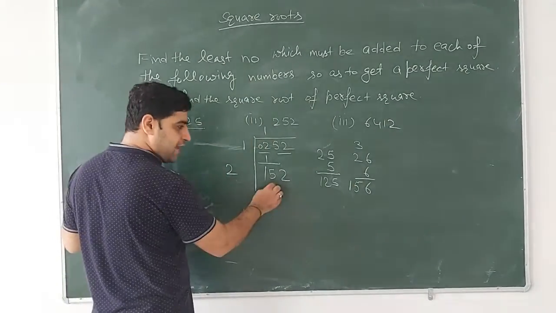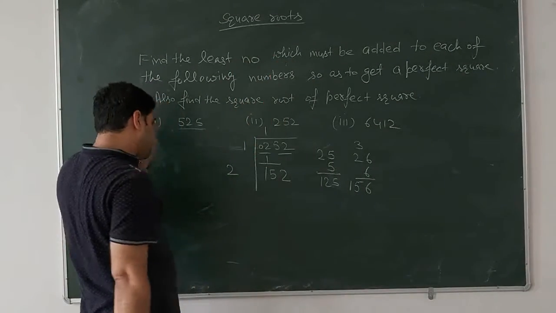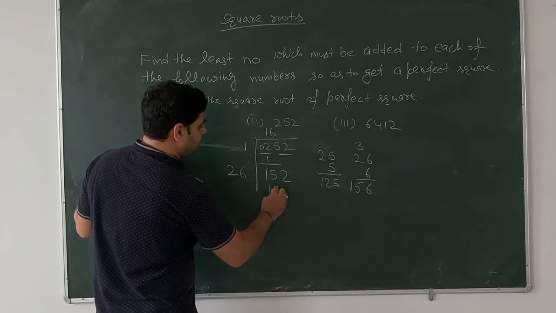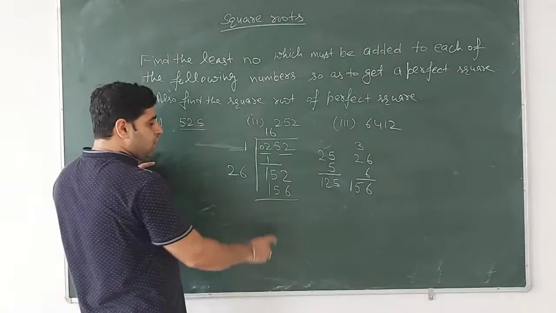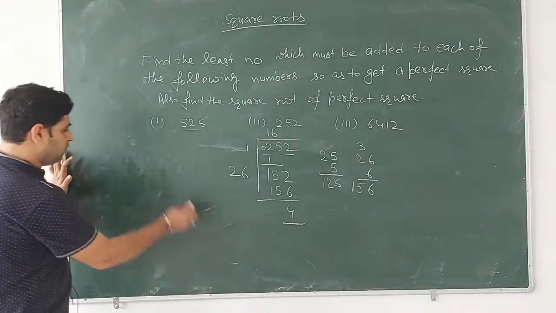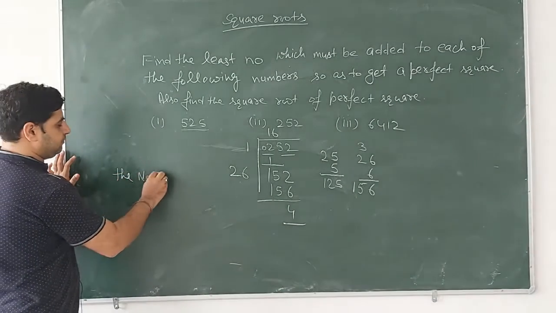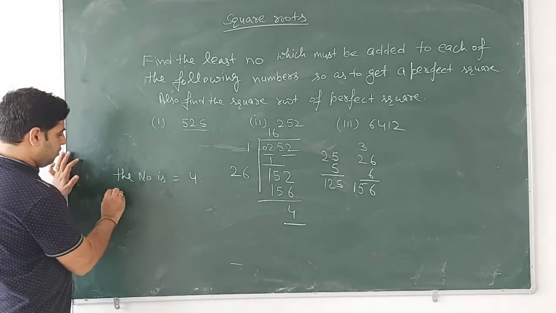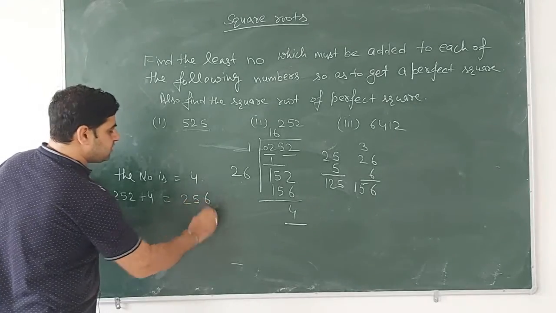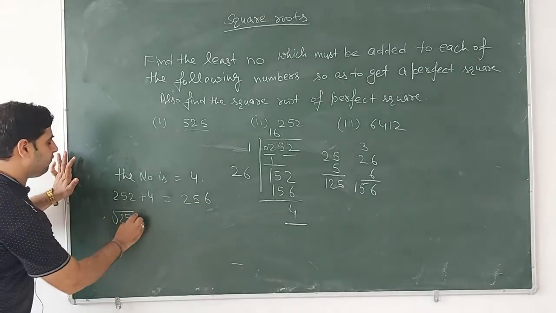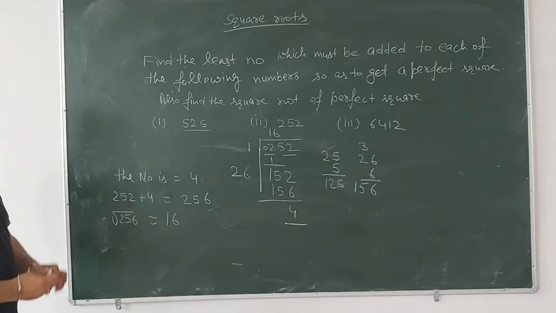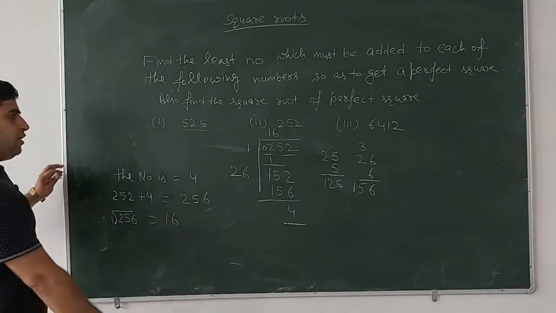This number is more, and according to the question, the number must be added, so we write 6, 156. 156 minus 152 is 4. So the number is 4. When 4 is added to 252, it becomes 256. So the square root of 256 is 16. Same pattern we have to follow.